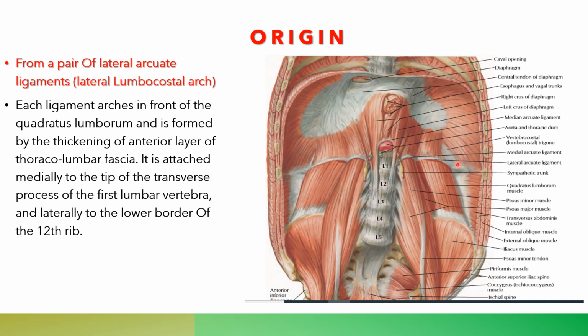So this is the attachment of the lateral arcuate ligament. With this we have finished the vertebral origin of the diaphragm, that it arises from three sources.